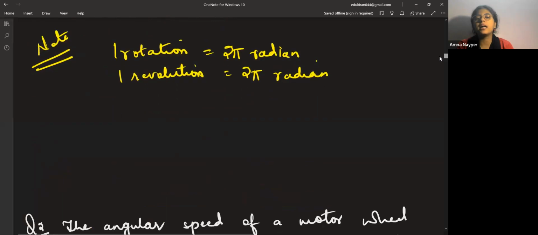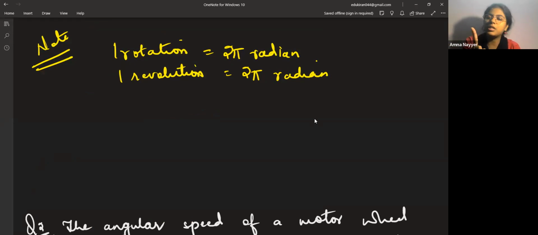Okay, before we start with the next question, there is a concept about conversion. Because we know that the SI unit is radian, right? So if rotations or revolutions are given, all of these have to be converted into radian. Whenever one rotation occurs, it is from 0 degree to 360 degree.